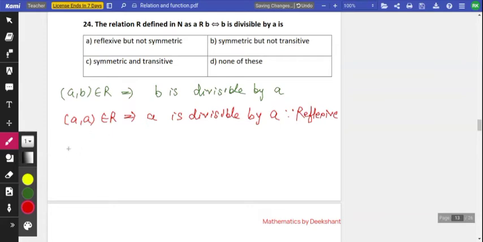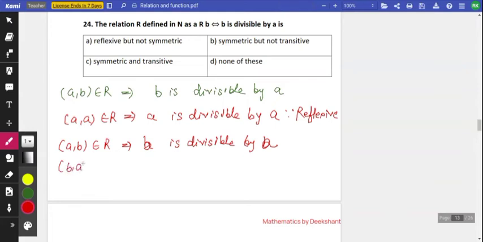For the given relation to be symmetric, if a comma b belongs to relation R, it shows that b is divisible by a. If b comma a also belongs to relation R, then the given relation is symmetric.